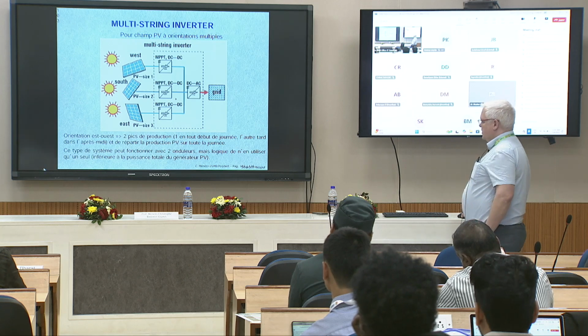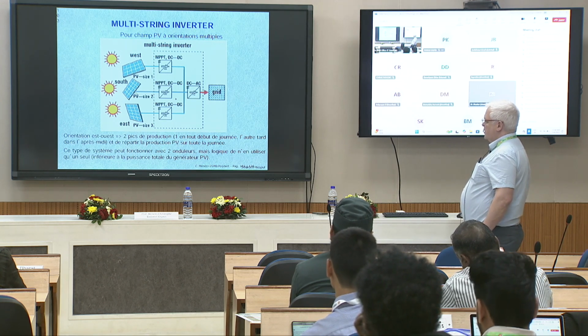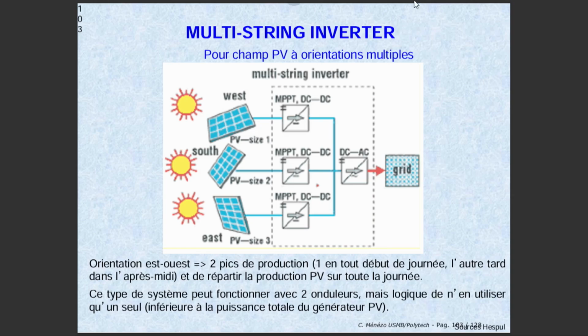You can put at the east to start to produce the morning, at the south, and at the west. For a dwelling house, it's very expensive, but for some tower, it could be interesting to study or industrial application. It could be interesting to have 3 different maximum power tracking and inverter.